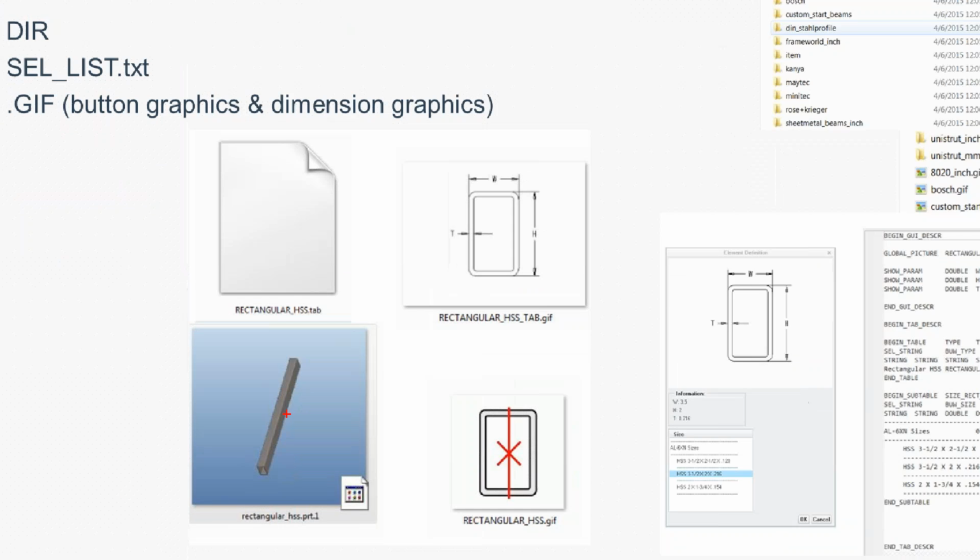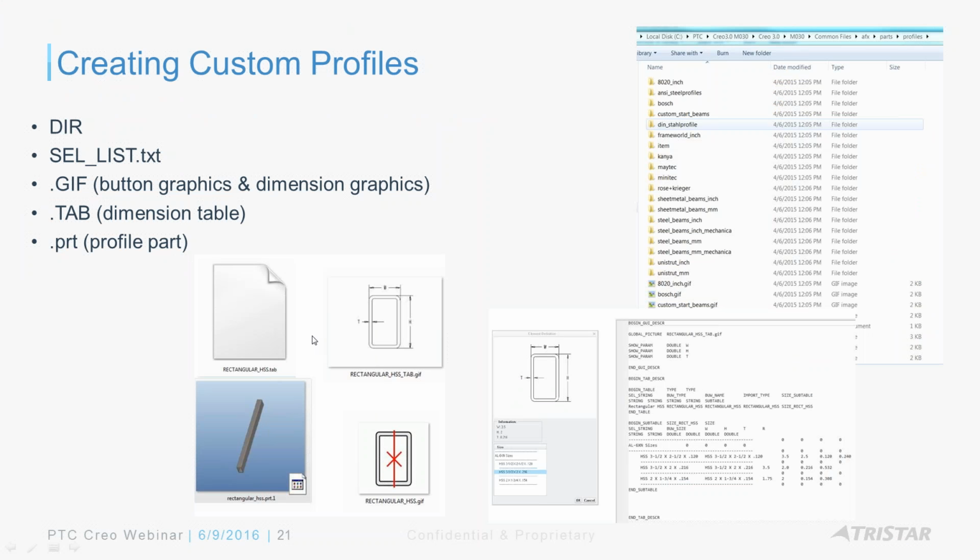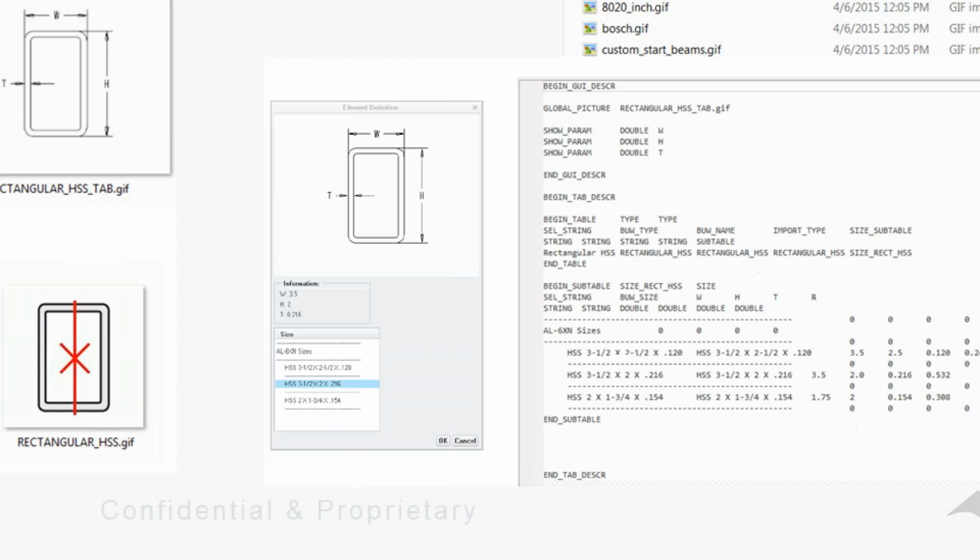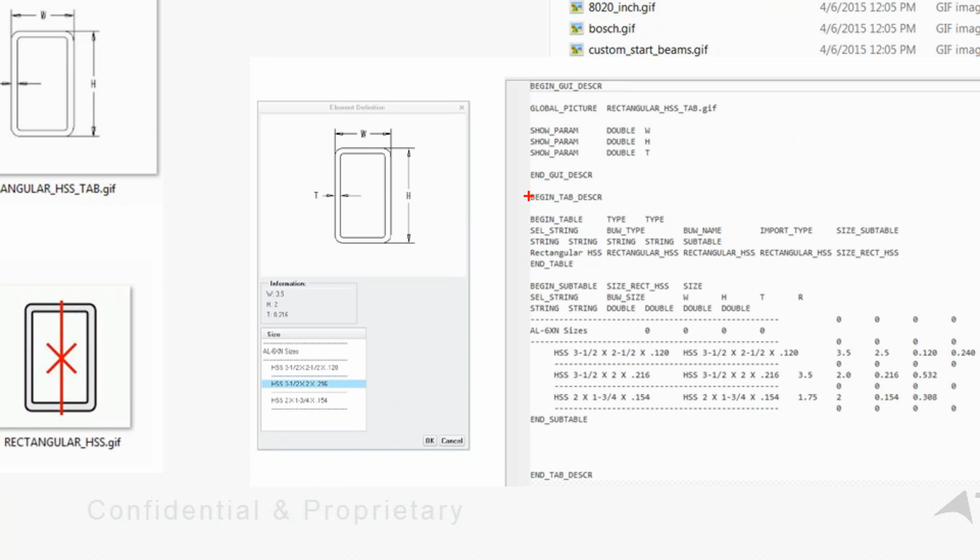And then you have a .prt, which has all the intelligence to automatically trim based on the size of the curve on which you're going to place that particular profile. So right in here, you can see how it shows the information. You can see I want 3 dimensions, and this is based on the table.